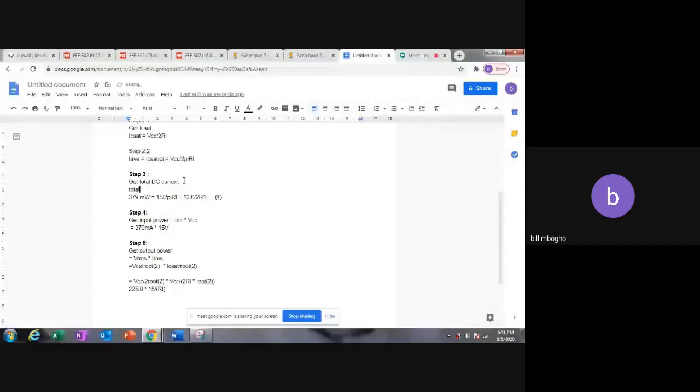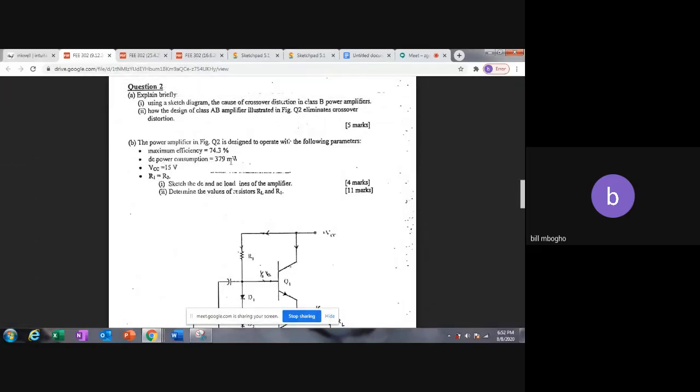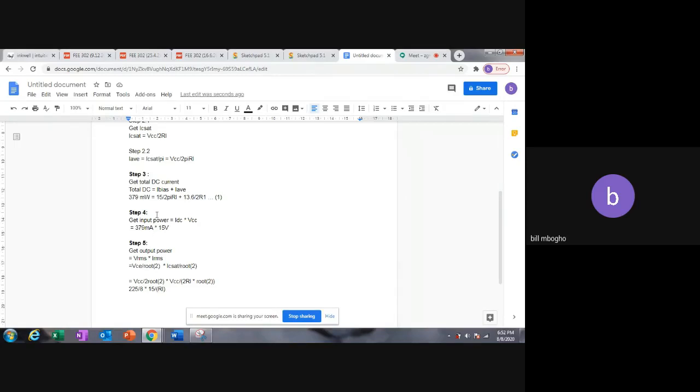So we have total DC is equal to I bias plus I average. And then we've been told from the question that, sorry, this is DC power consumption, not the DC current. So this gives us total DC current, yeah?